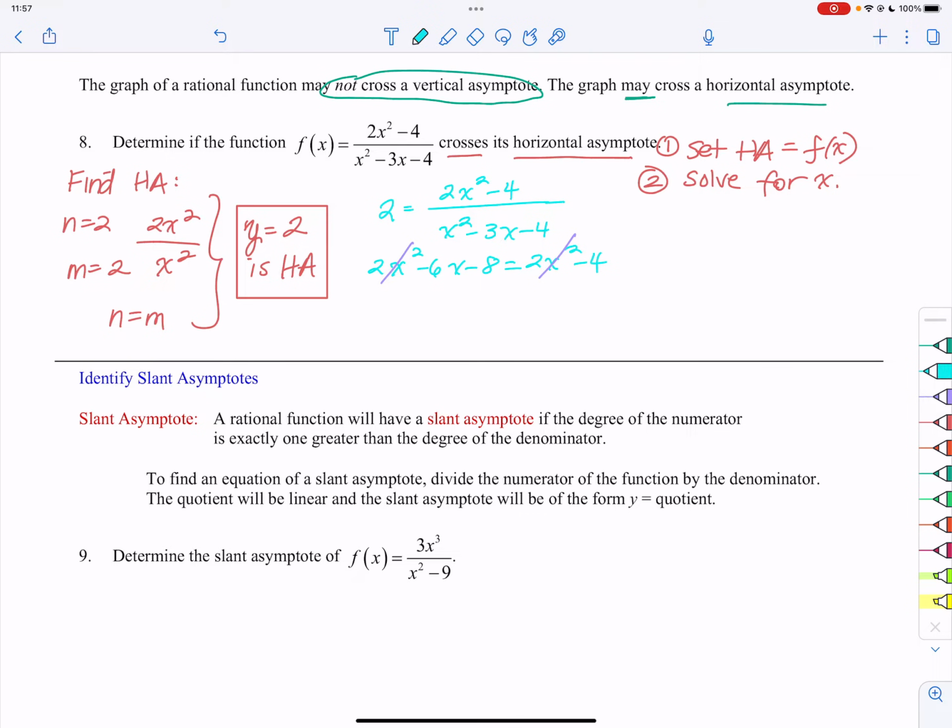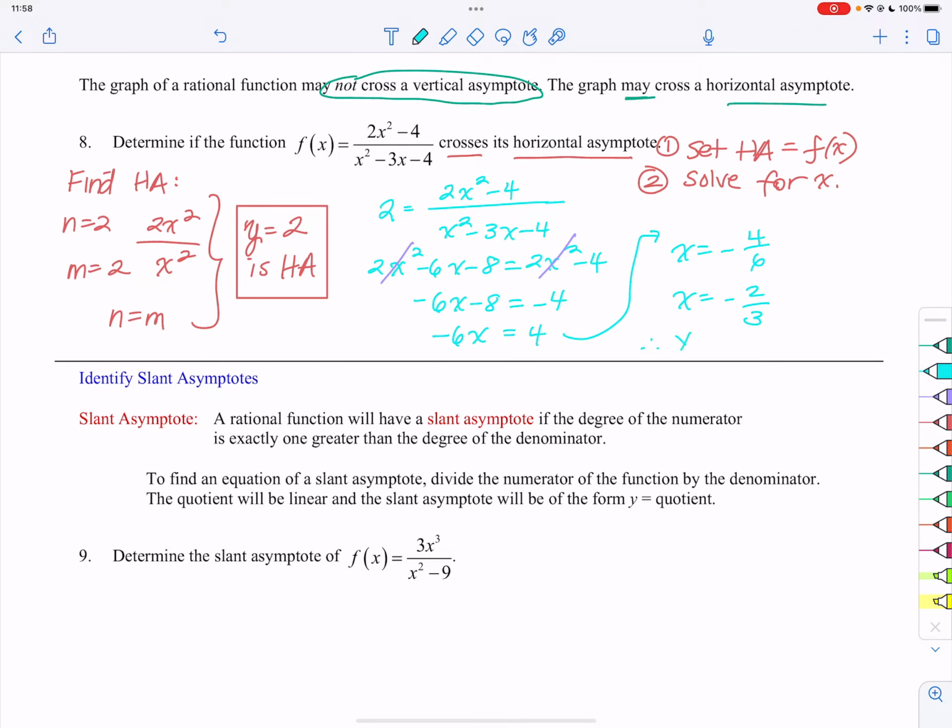And then we get negative 6x minus 8 equals negative 4. And we'll just keep solving this. So x is equal to negative 2/3.